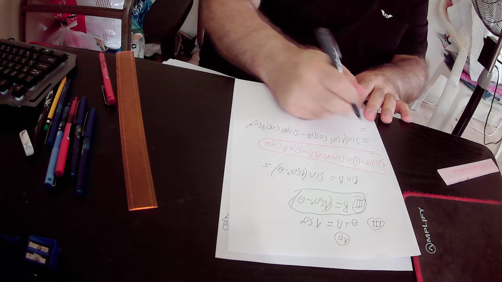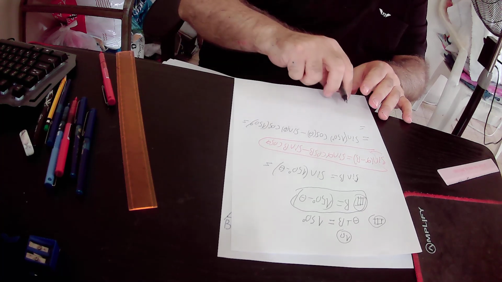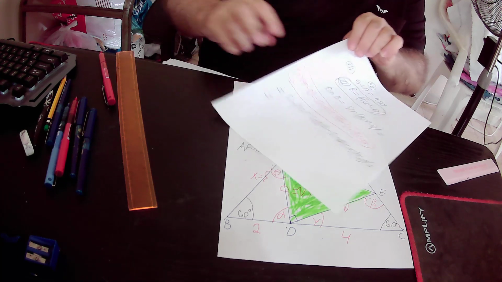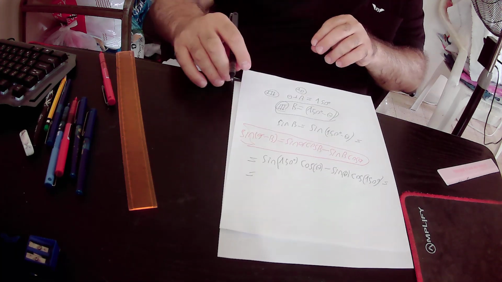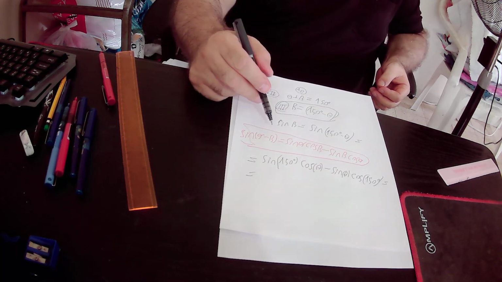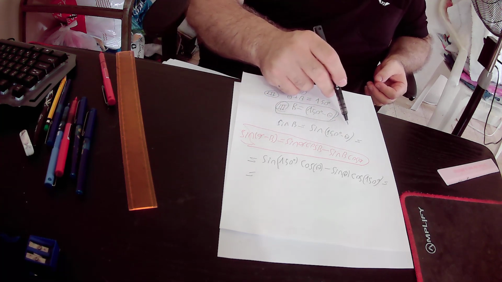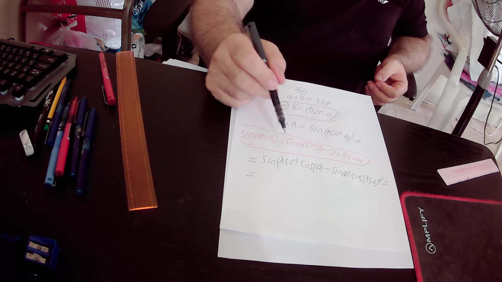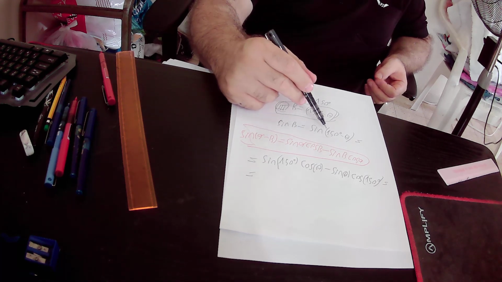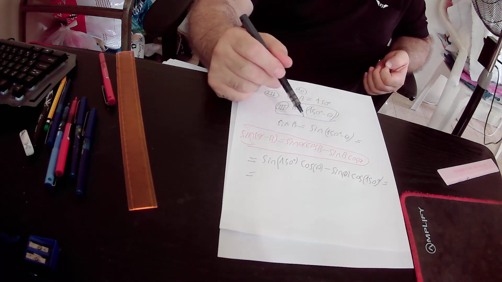Okay, so we use this trigonometric identity in order to find out the value of sine of 150 degrees minus theta when alpha equals 150 degrees and beta equals theta.